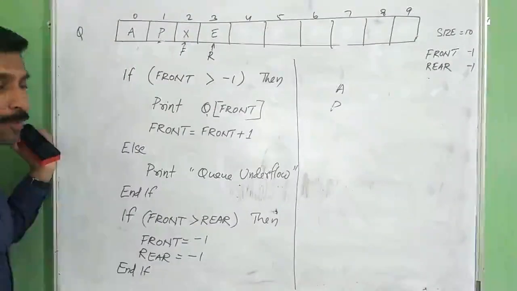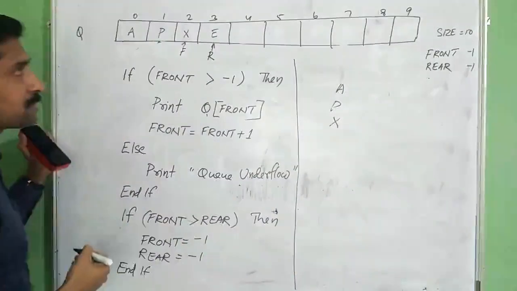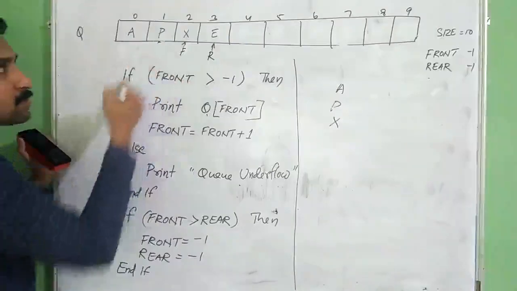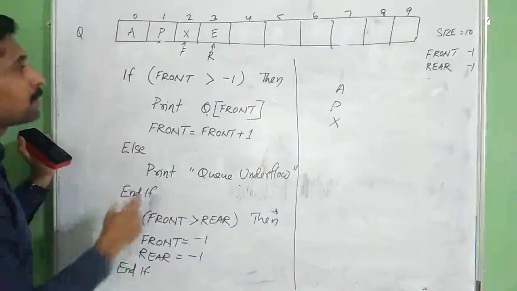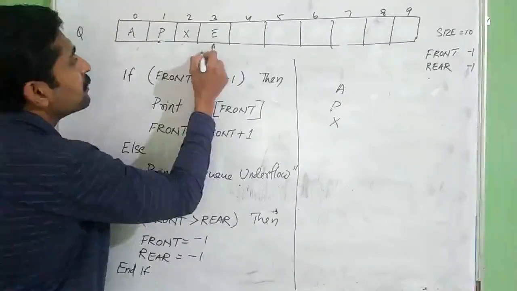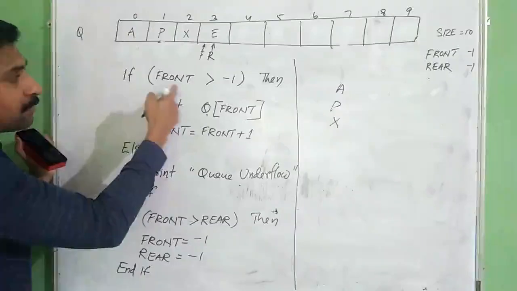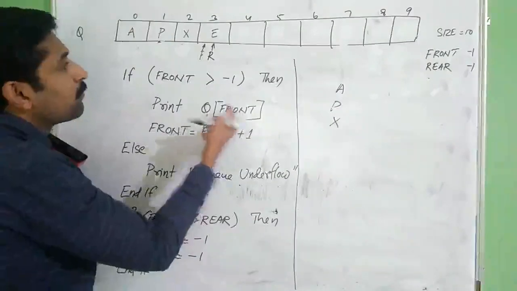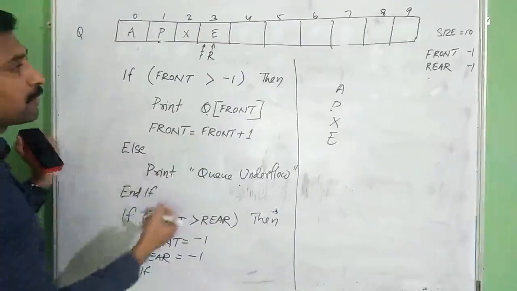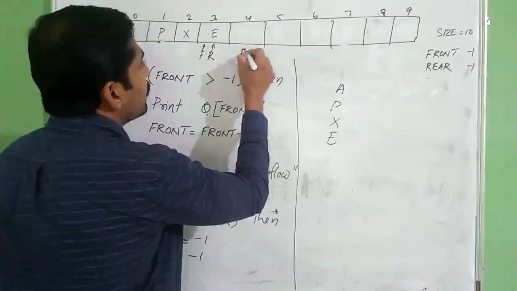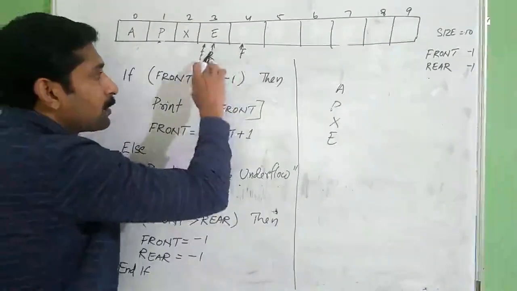Again performs the delete operation. Deletion takes place at the second position, that is index number 2, that is front is 2, that is X is deleted, and front is again incremented. Front and rear becomes equal. Then again front greater than -1, yes, Q of front, that is E will be deleted. Then front equal to front plus 1. So here front becomes here. That front becomes more than rear.